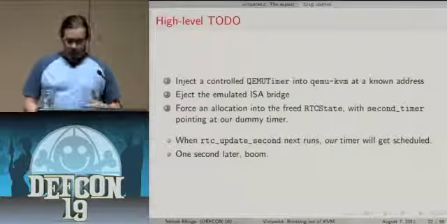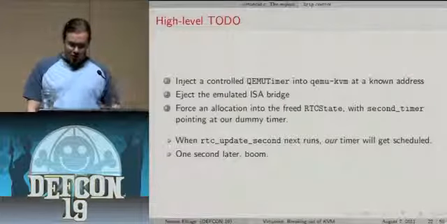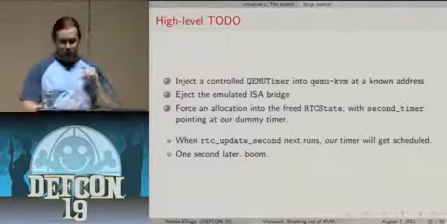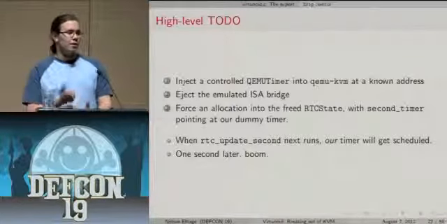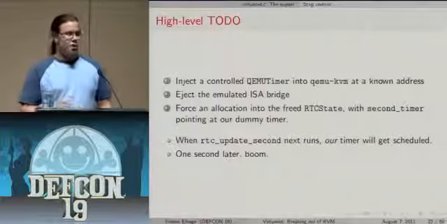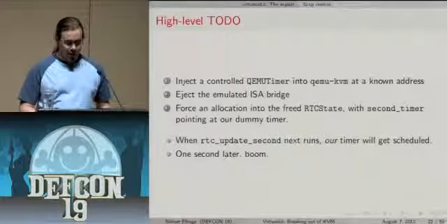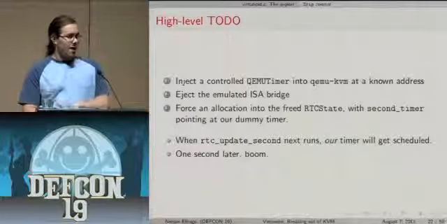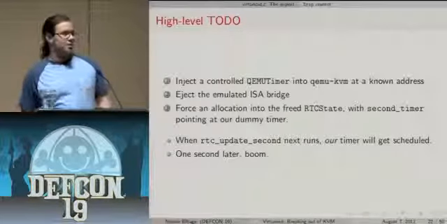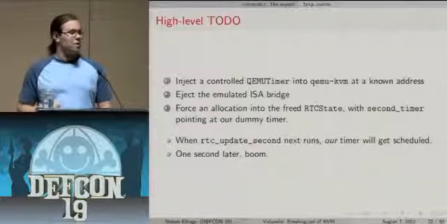So for getting RIP control, the high level plan is fairly straightforward if you look at how the code works. We're going to need to create a fake QEMU timer object that we control, and inject that at a known address. Then we'll trigger the eject. We'll dump the ISA bridge, and then we will force an allocation into the space previously occupied by the RTC state structure that points that second timer field at our timer.